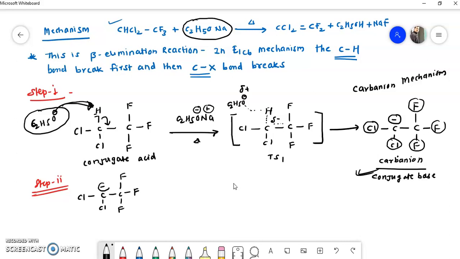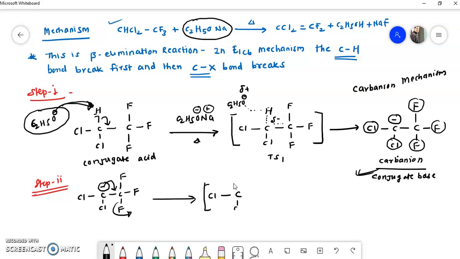So here is a negative charge. What happened in the next step? This negative charge shifts here to form a bond, and one of the fluorines out of these two goes away. So I will write transition state 2 for this transformation once again.